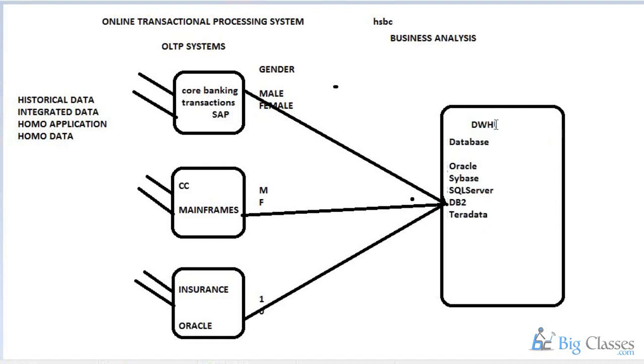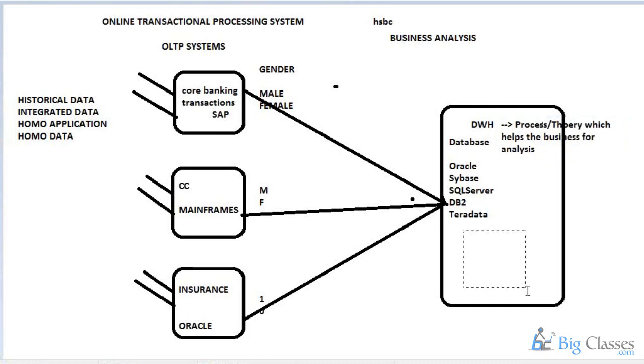So what is meant by data warehouse? A data warehouse is nothing but a process or a theory which helps the business for the analysis. So this is the process or a theory which helps the business for the analysis.